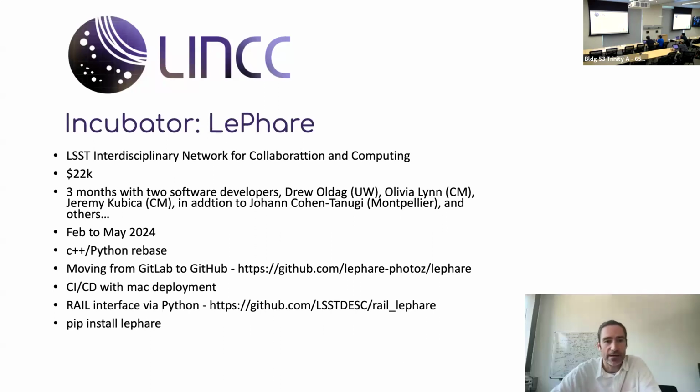And building the RAIL interface via Python was a key outcome of the incubator, and that's something I'm also working on as part of the in-kind contribution, but it's important to make the political point that the work that was done in the incubator does not contribute to the in-kind contribution. I think the incubator was really focused on the CI, CD, the GitHub transition, starting the RAIL interface, although I think I took over the lead of that quite quickly.